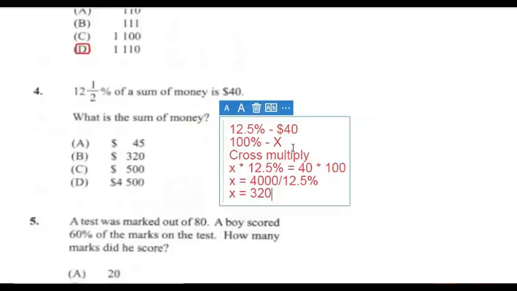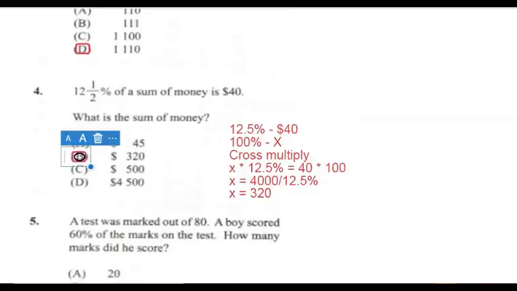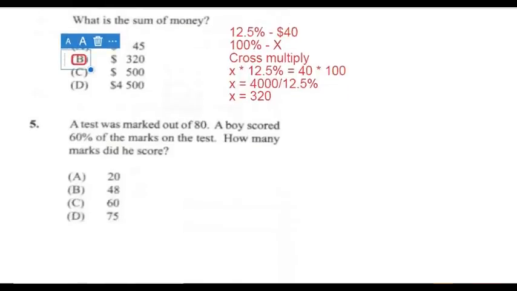So we can cross multiply, and we are now with x multiplied by 12.5% equal to 40 multiplied by 100%, and we're solving for x. So x is equal to 4,000, which is the 40 times 100, divided by the 12.5%, and x is equal to $320, and that is the sum of money.